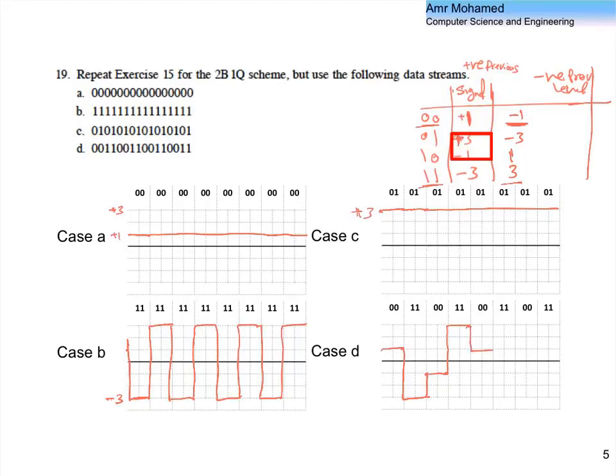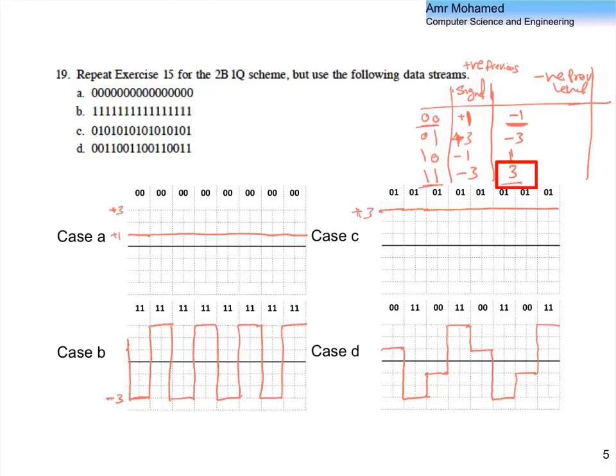Then 1, 1, and positive, so we go minus 3. Then 0, 0, and it's negative, so we go minus 1. Then 1, 1, and it's negative, so we go plus 3.